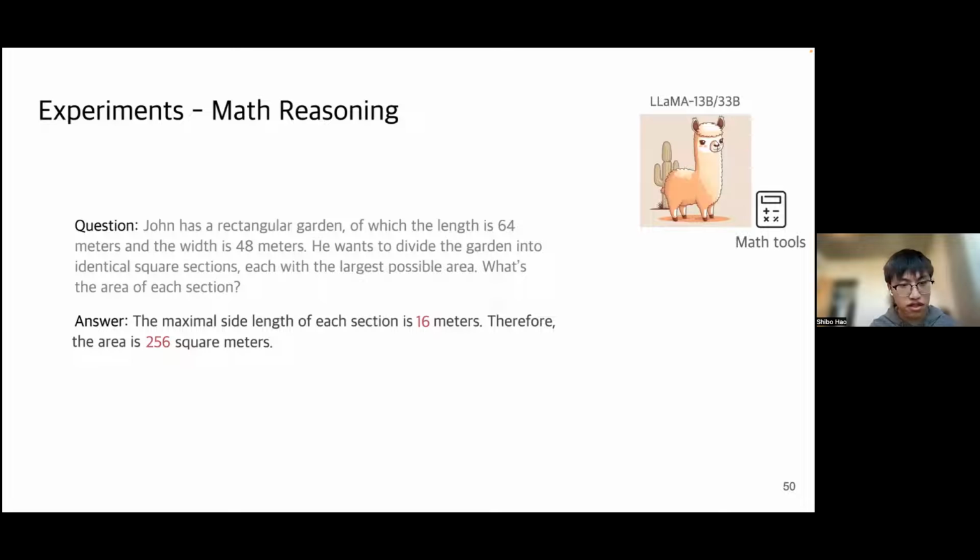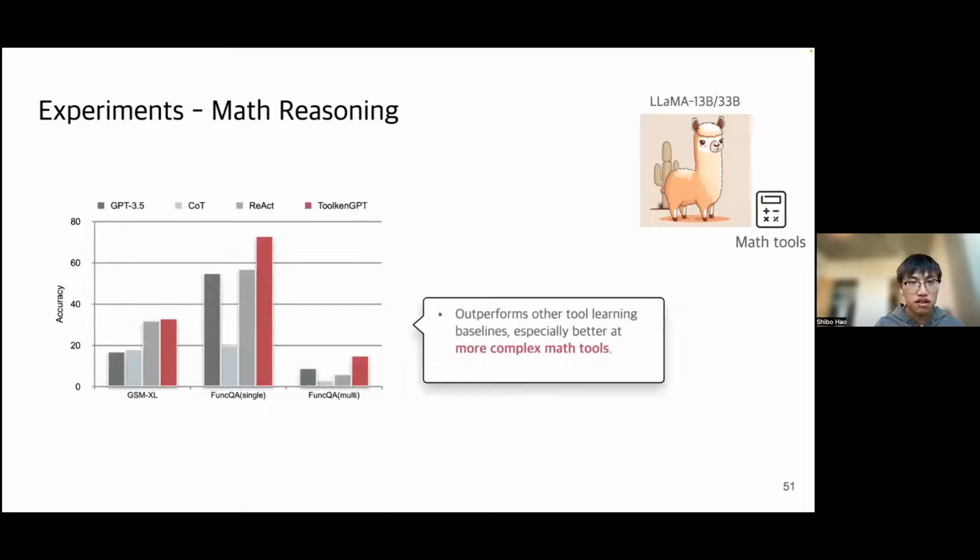In three different datasets, ToolkenGPT outperforms strong tool learning baselines, especially on the FuncQA dataset, where the language model needs to call some more complex math tools. And our framework even helps the Llama 33 billion model beat GPT-3.5 on those math problems.